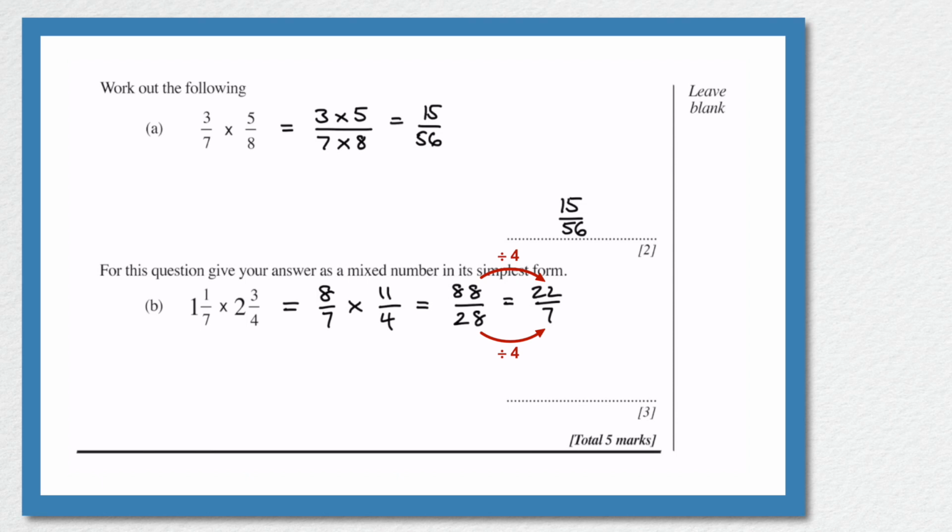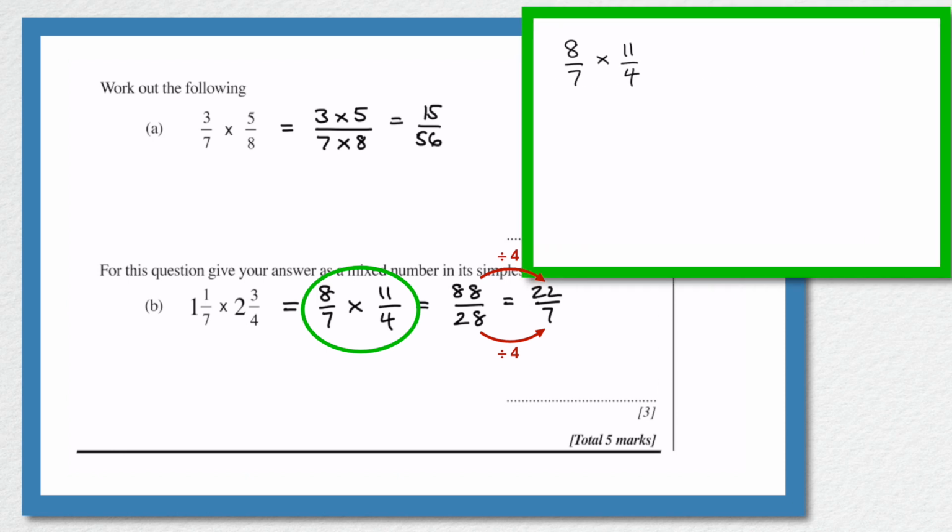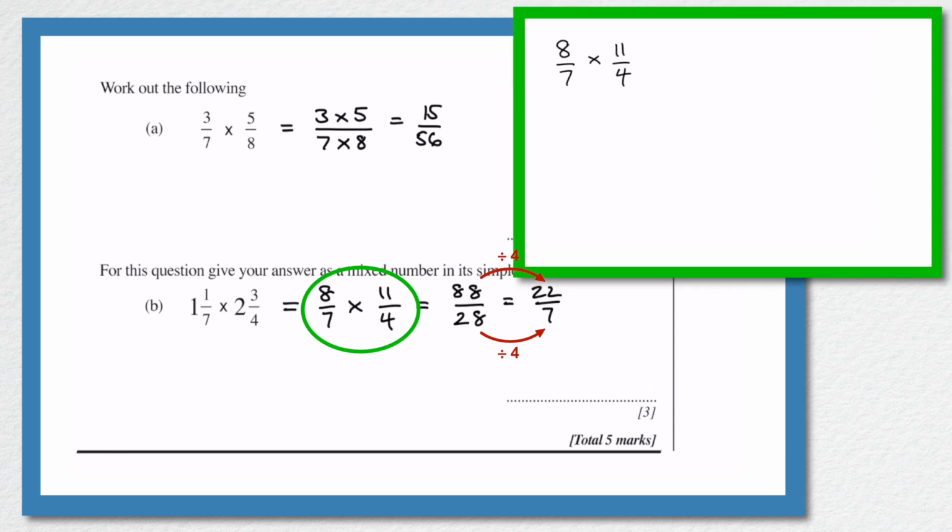On this issue of simplifying, we could have done the simplification earlier on when doing the multiplication. I'll show you what I mean. Here's the 8 over 7 multiplied by 11 over 4. Notice that we have a numerator here of 8 and a denominator here of 4. We can therefore divide top and bottom by 4.